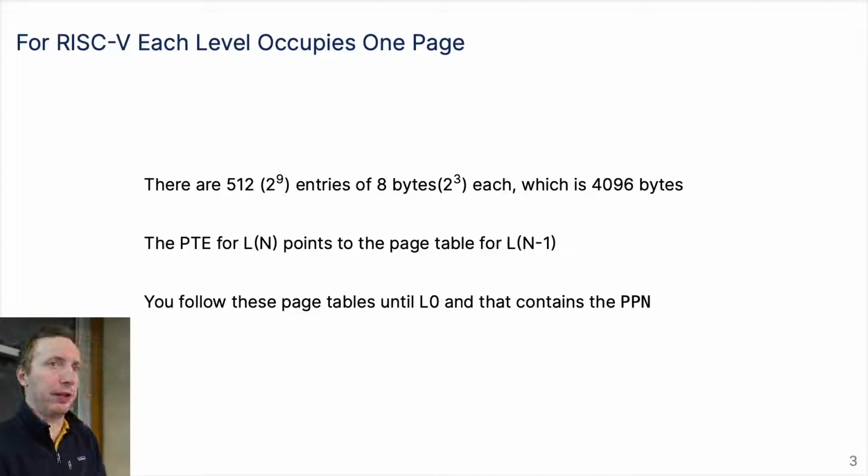I'm essentially going to use the offset to know where all my entries are located. So you would follow these page tables all the way until you hit L0, and then L0 would contain the physical page number, and that would be just our same translation as with a single level page table.